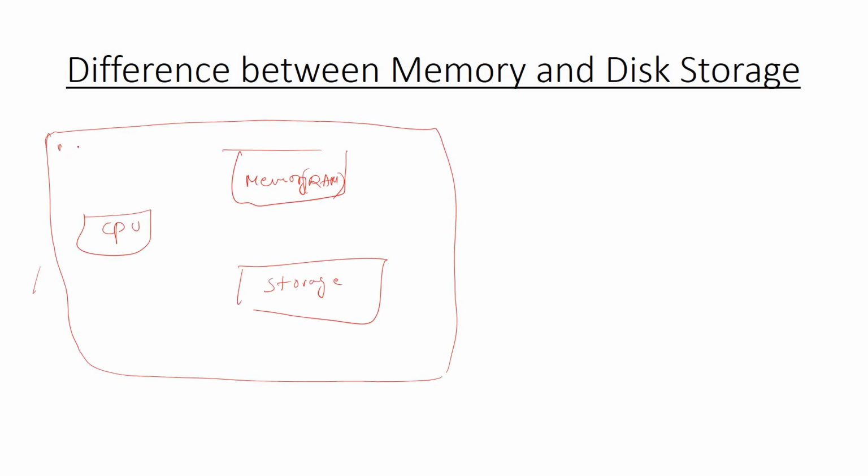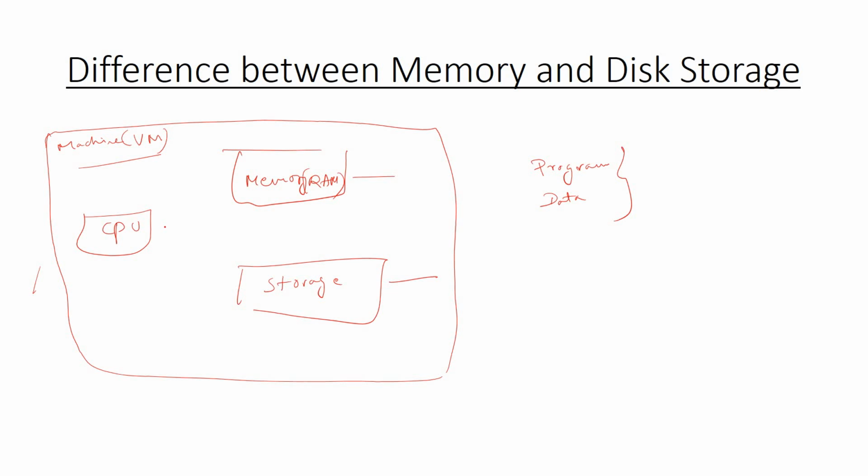Now, let us discuss the difference between the memory and the disk storage. For example, this is the machine or a particular VM where we are running different processes. The memory as well as the storage will be used to store data. The data can be the instructions in a program or the corresponding data which will be used by the programs we execute.